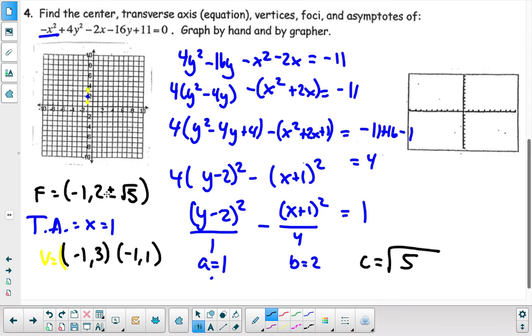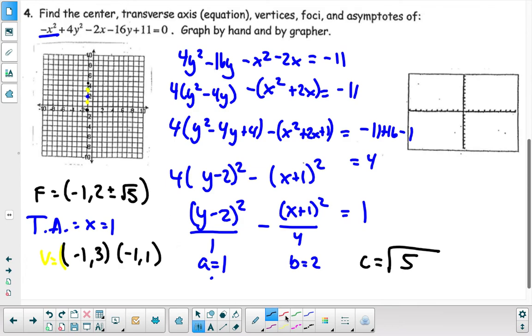You know it's 2 plus or minus root 5 because again it's running vertically. Plus or minus root 5 is about a little over 2, so we're going to go a little over 2 away from our center, which is blue. It's probably a little off, but whatever.